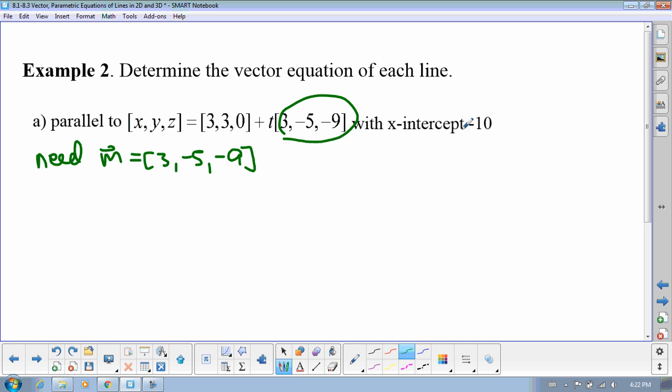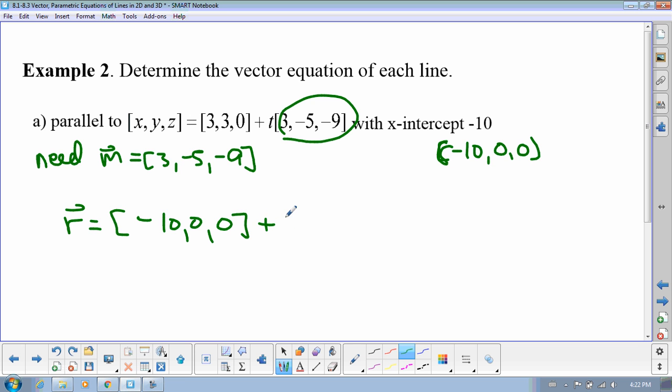Then it's telling me that this is the x-intercept. So this would have the coordinate (-10, 0, 0) in terms of a point. So that means the vector equation is r equals (-10, 0, 0) plus t(3, -5, -9). Done.